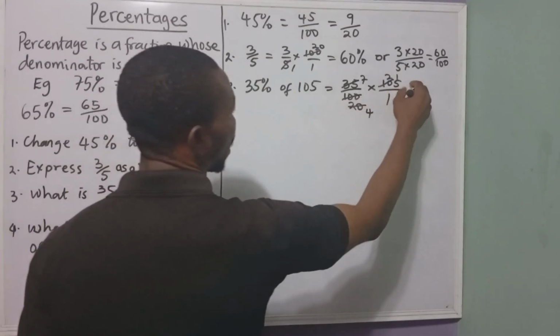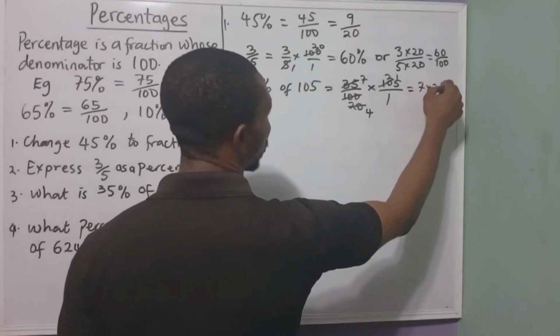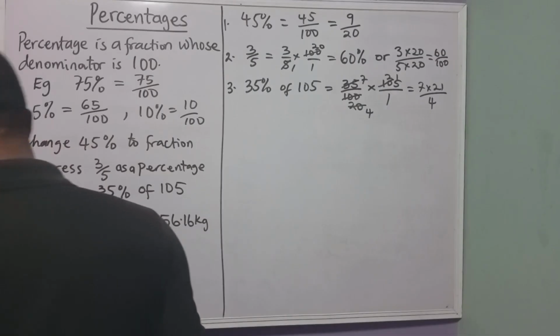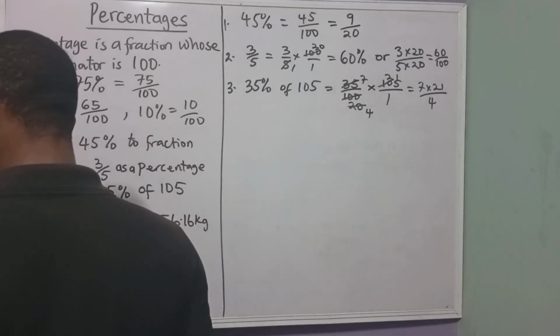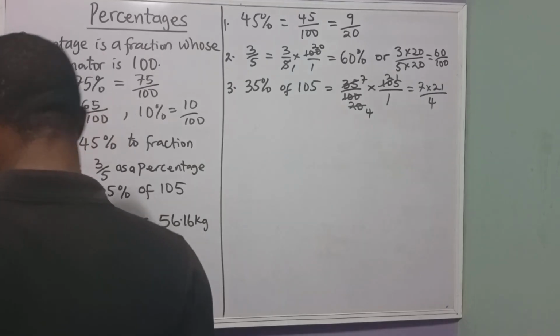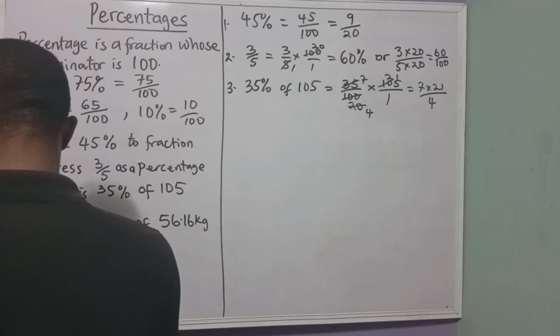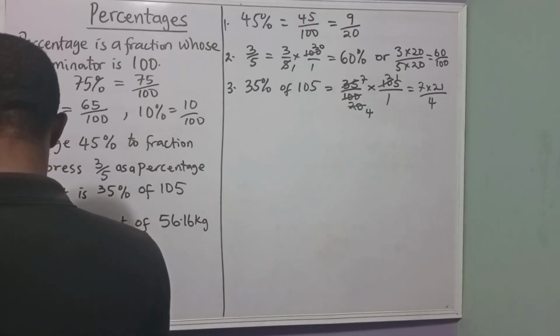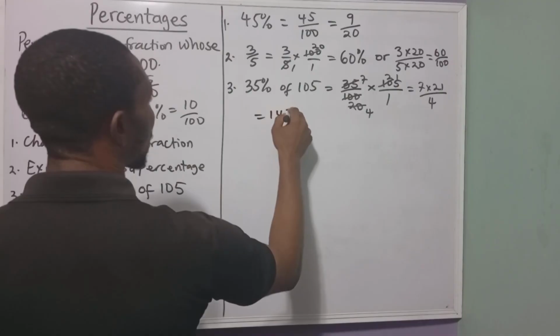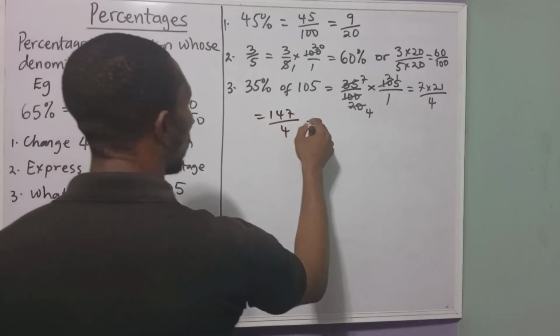So we are having this as 7 times 21 all over 4. And 7 times 21 will give us 147. We have it as 147 all over 4.